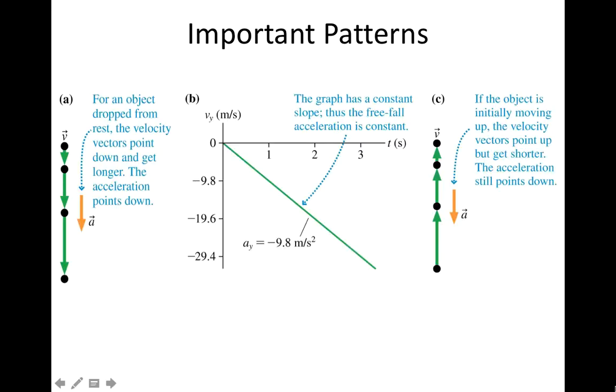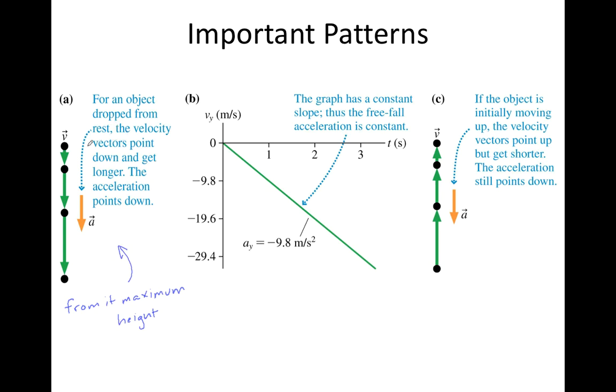Okay, pretty neat. Now we need to discuss some of the important patterns that you should expect to find for objects in free fall motion. When we have an object that is dropped from rest, and we should also note that this is what motion looks like for an object from its maximum height. So if you throw an object upwards, it reaches its maximum height and then it starts falling back down. Well, the falling down part looks exactly like this.